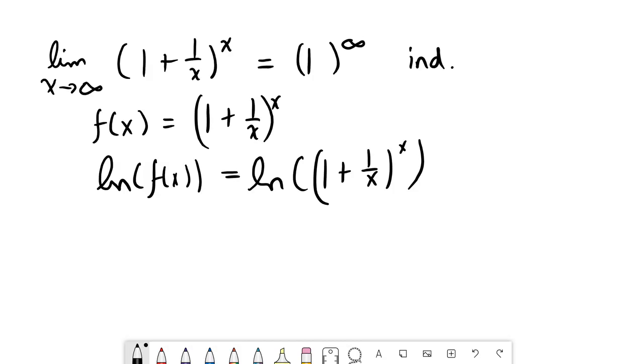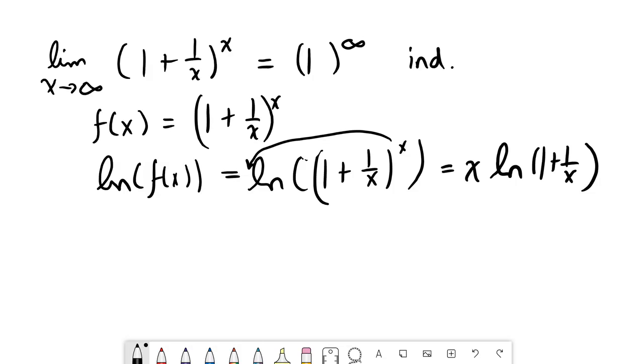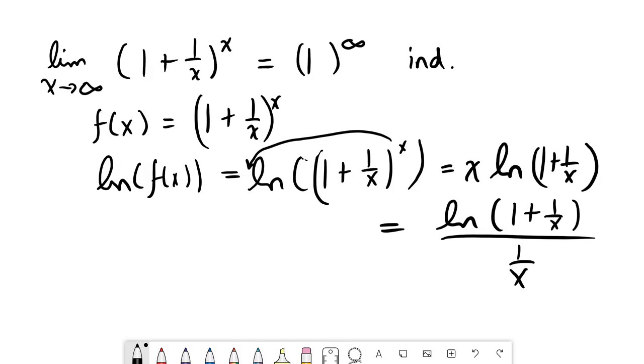And since this is a power, we can bring this out, not here actually, we can bring this out even more here, right? This is the log property. So this is equal to x natural log of 1 plus 1 over x, right? And then we can further do this by making it a quotient, natural log of 1 plus 1 over x, over 1 over x, right? Not too difficult.